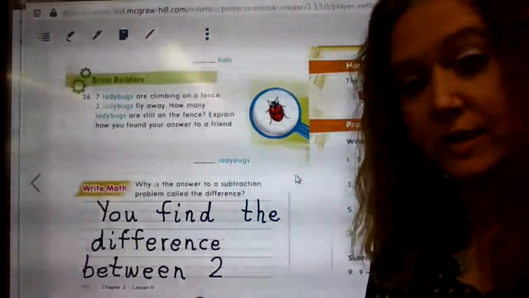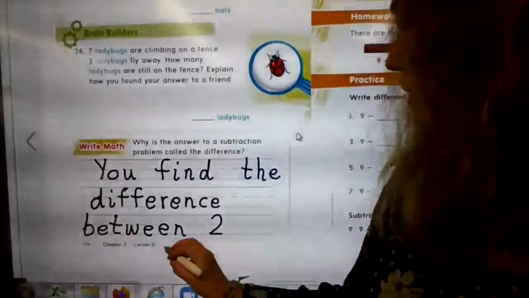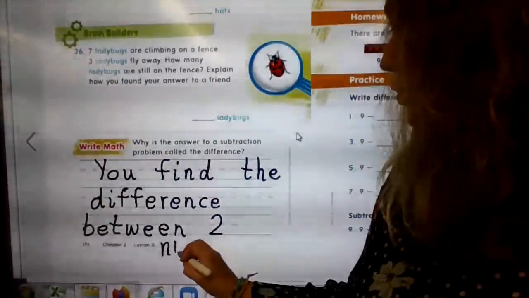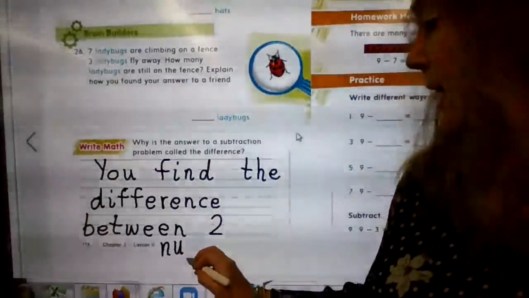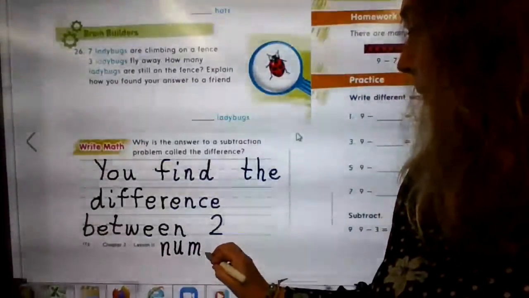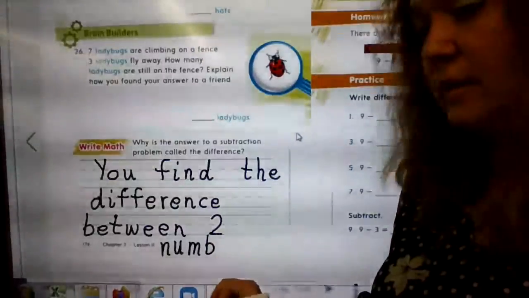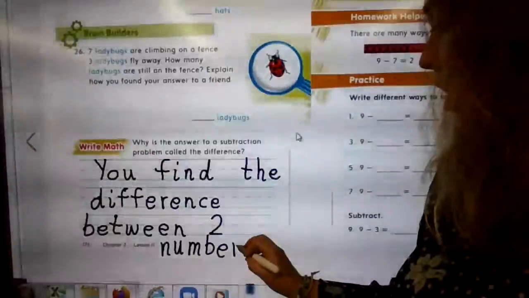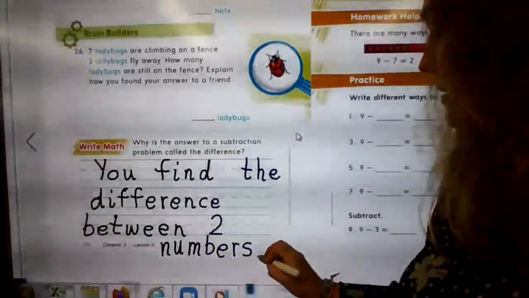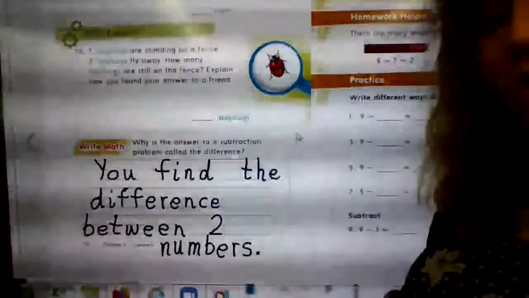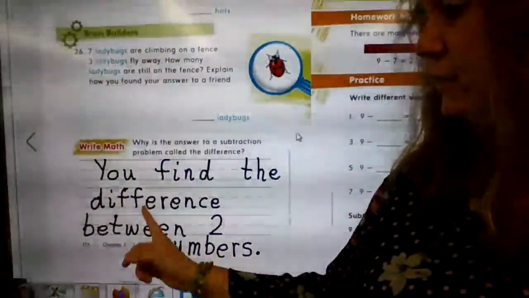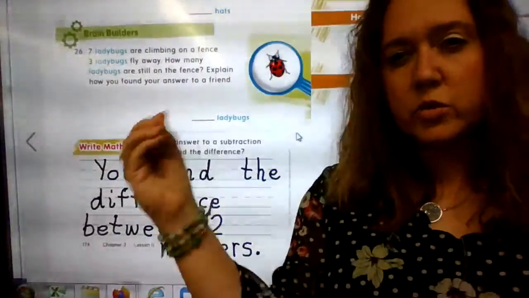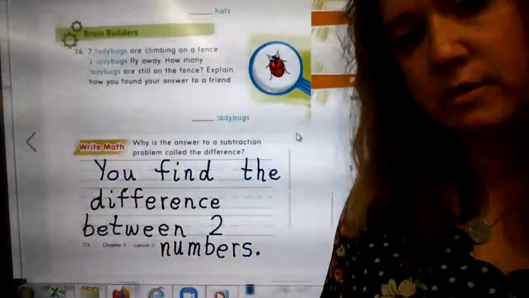I'm going to have to write this underneath. You might too. Numbers, N-U-M-B-E-R-S. Period. You find the difference between two numbers. You're finding out how many are in between those numbers. Okay?